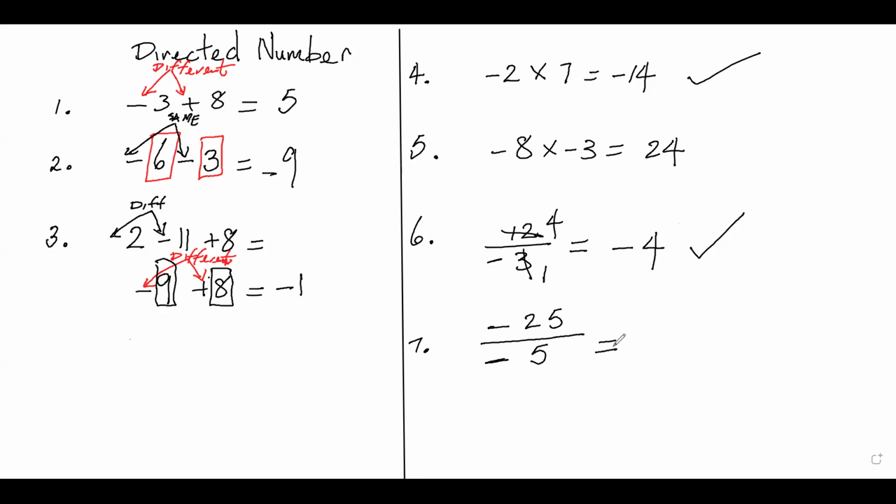All right, number 7, last one for the evening, people. -25 divided by -5. Tarisha, yes, your answer is correct. Very good. Malachi, correct. Very good. Malachi, moving fast.